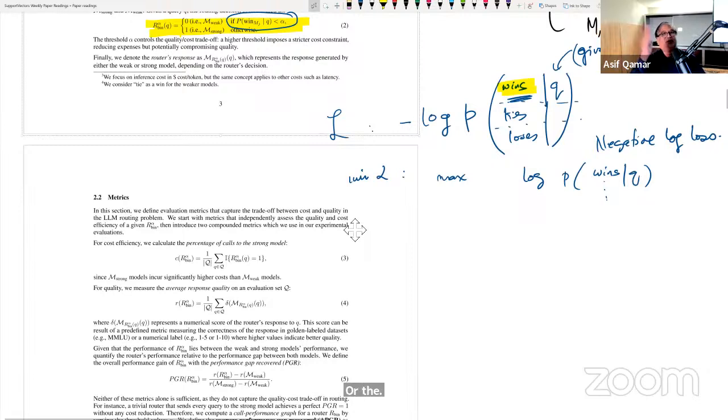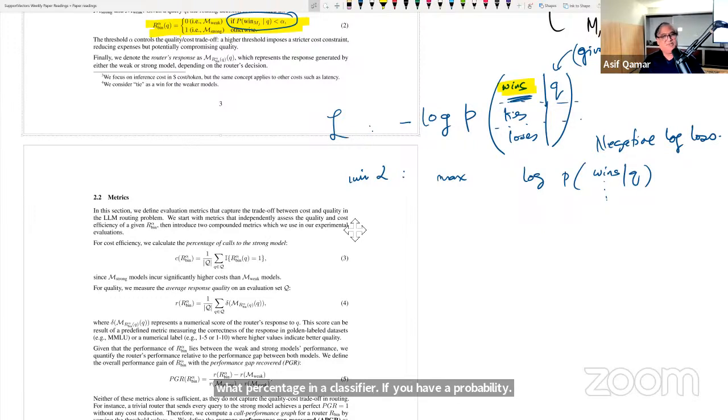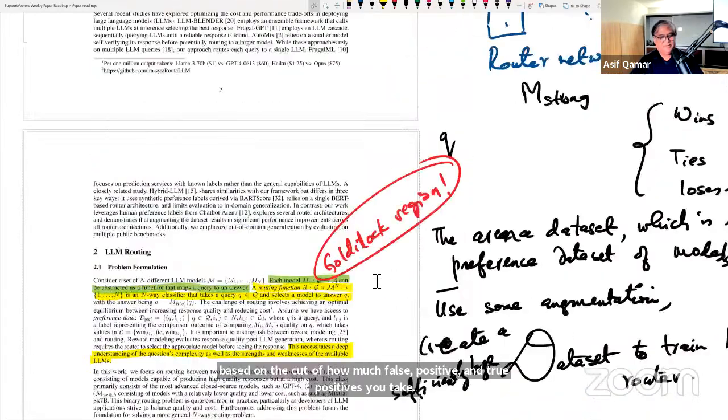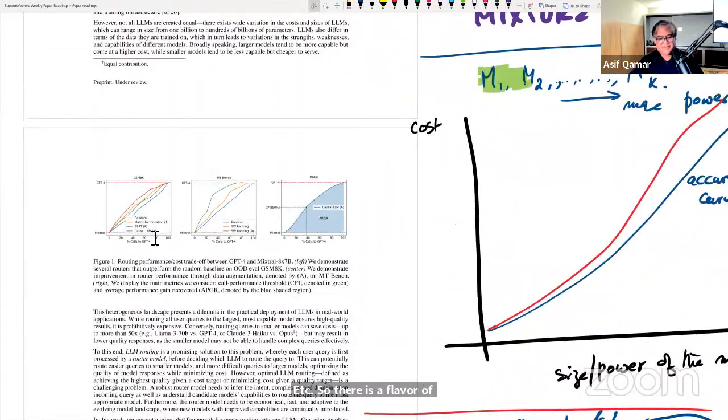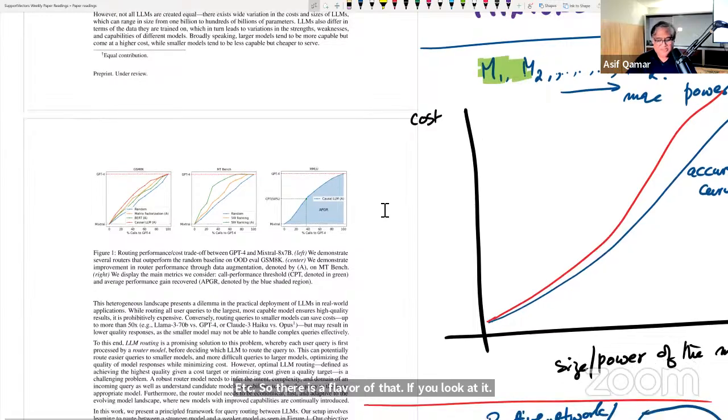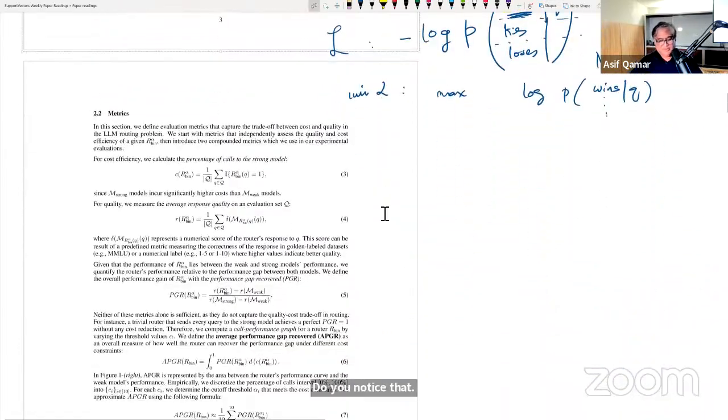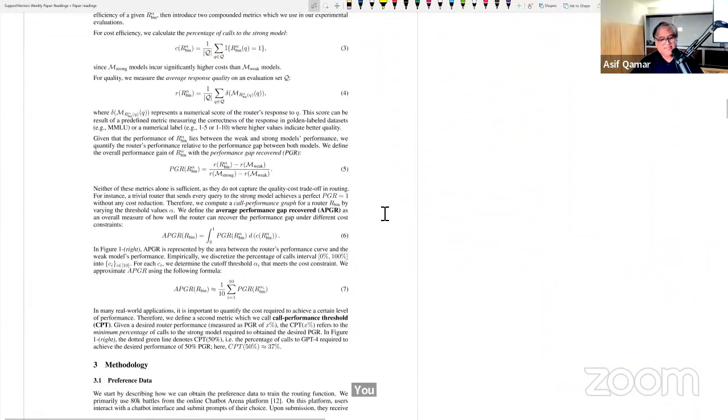Like at what percentage, in a classifier, if you have a probability, where do you put the cutoff? And based on the cutoff, how much false positive and true positives you take, etc. So there is a flavor of that. I won't go into it because many of you may not know about the ROC curves and so forth. But in any case, there's a flavor of that.